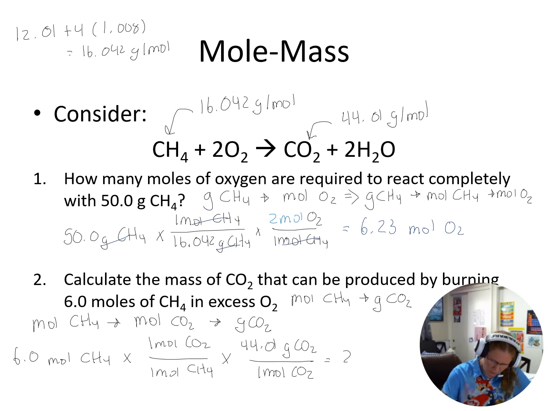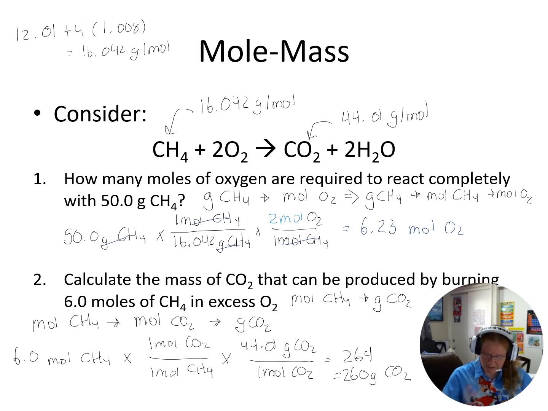All right, and we get 264. Now, our moles of methane, 6.0. We only have 2 sig figs, so we're going to have to round this to 2 sig figs. So our 264, we can round to just 260 without a decimal point. That 0 is not significant, so we have 2 sig figs.